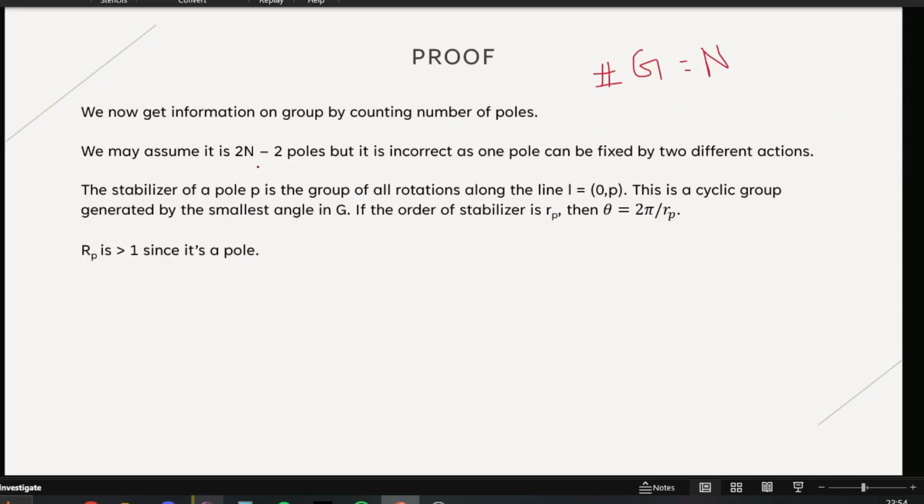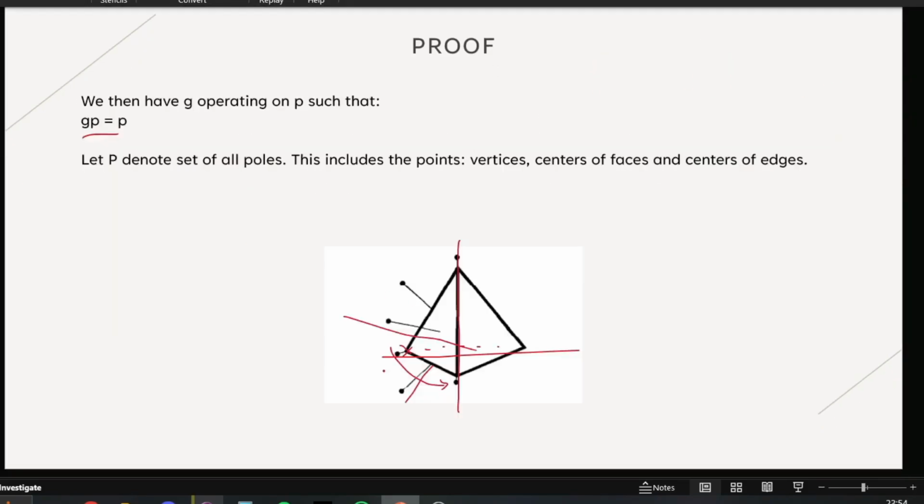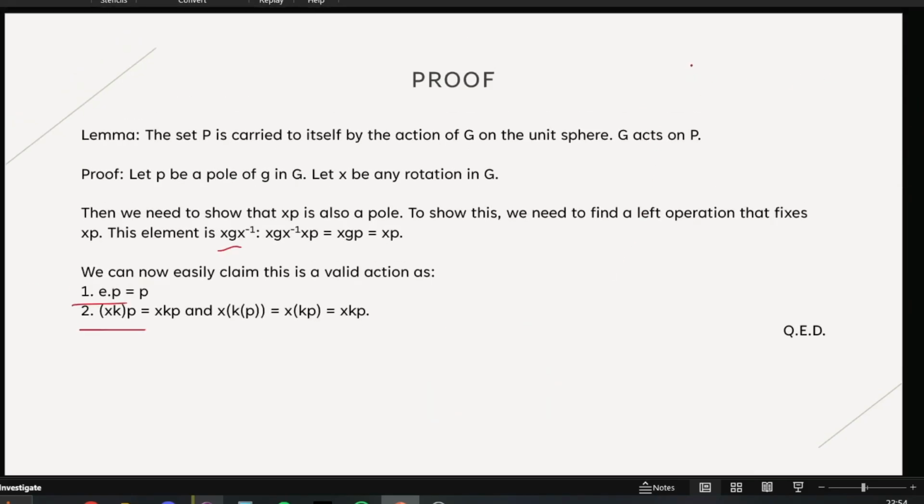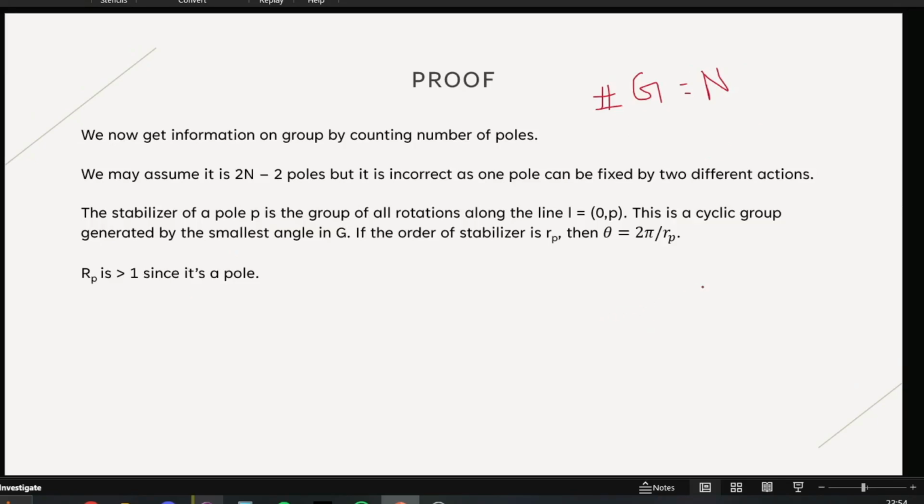Each group element will have two rotations, so 2 times n minus 2, but it is not correct to assume that, because the same pole, for example, if I take a square, it is possible that a pole can be shared by two different group actions.